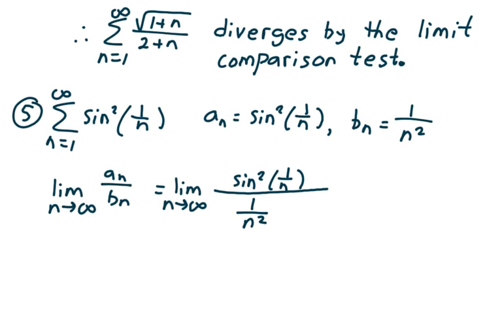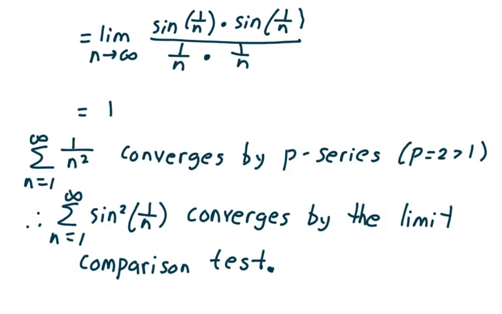And then what I'm going to do is look at the limit as n goes to infinity of a sub n over b sub n. So once again, I'm going to apply the limit comparison test. So this is the limit as n goes to infinity of sine squared of 1 over n divided by 1 over n squared. And this is the limit as n goes to infinity of sine of 1 over n times sine of 1 over n, divided by 1 over n times 1 over n.